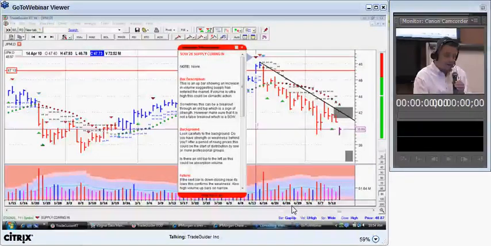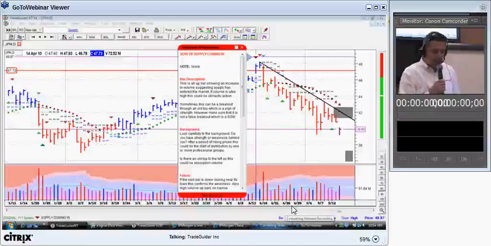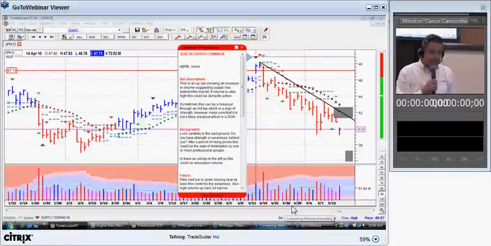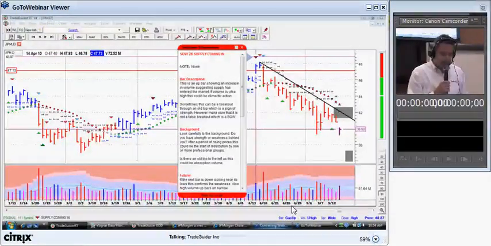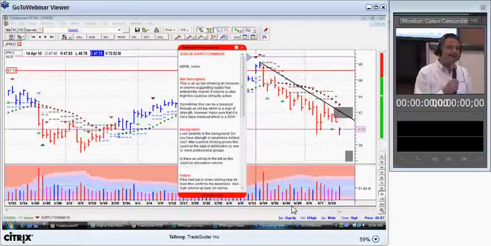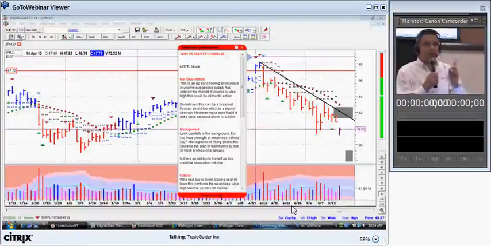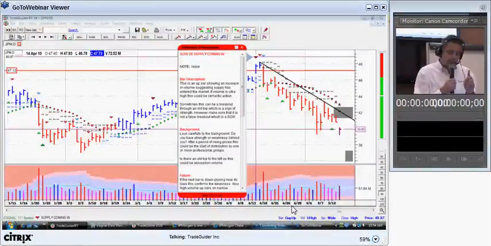And if we read the description that Tom wrote, it says this is an up bar showing an increase in volume, suggesting supply has entered the market. If volume is ultra high, this could be climactic action. When you see Yao Ming bars, they are most often climactic bars, which means a potential change in the trend.